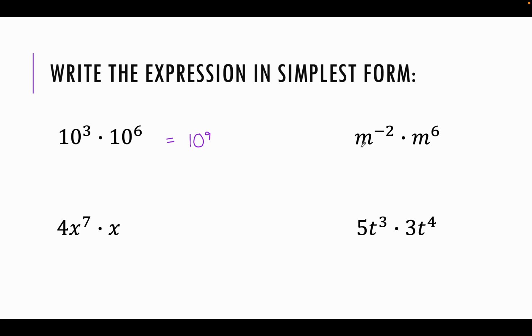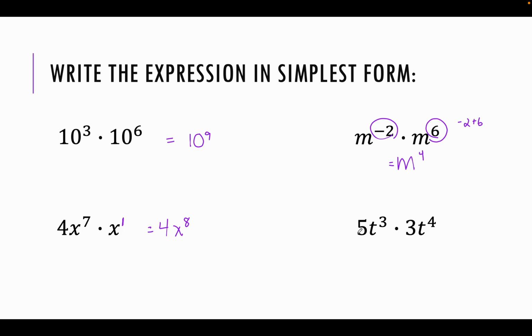This next example, m to the negative second times m to the sixth would be m to the fourth, because negative 2 plus 6 equals 4. For this example down below, 4 times x to the seventh times x to the first would be 4 times x to the eighth.